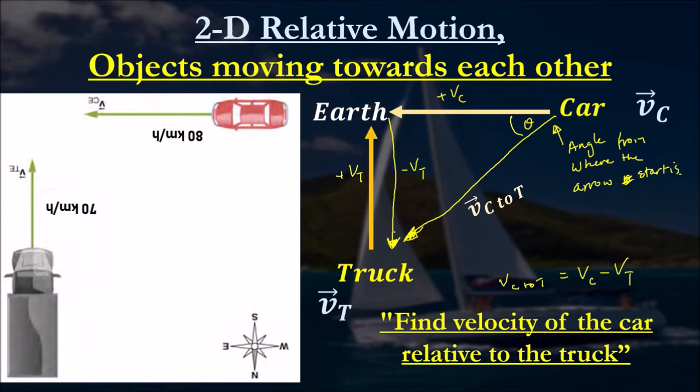And you can also try and imagine this, because if we're looking from the truck's perspective, as the truck is moving further up and the car is going further across, according to the truck's perspective, it would appear that the car is moving diagonally this way towards it. So the angle in which we can work out the degree in which it's coming diagonally towards the truck would be this angle theta here. So that's how you work out the drawings of the diagram. Okay?